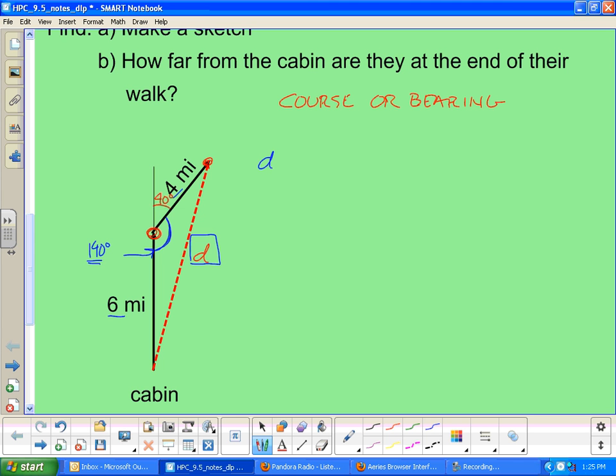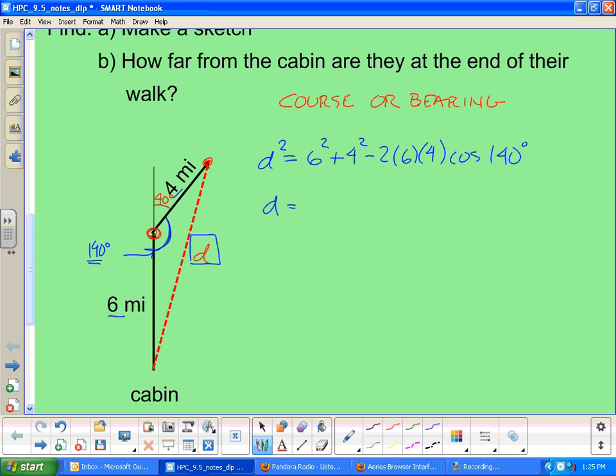So we're going to set it up. D squared would equal the sum of the squares of my two sides, so 6 squared plus 4 squared, minus 2 times those sides times the cosine of that angle, which in this case is 140 degrees. And somebody's going to help me out here and give me this value.